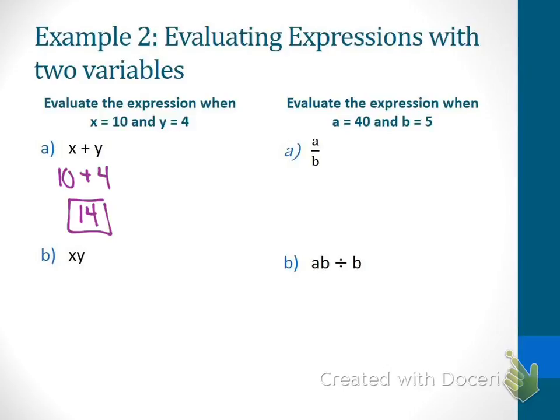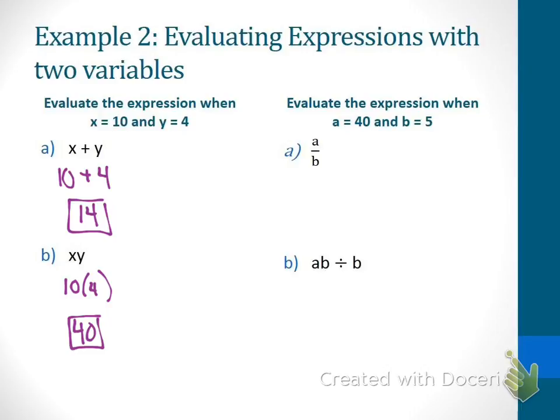So xy, what operation did we say this meant when there's no sign in between? Multiplication, very good. So it's going to be x times y. When I plug in my numbers, I'm going to use parentheses to show multiplication. Did you use parentheses? Don't use the dot, don't use the x. Use parentheses, and what's your answer? 40. Very good.